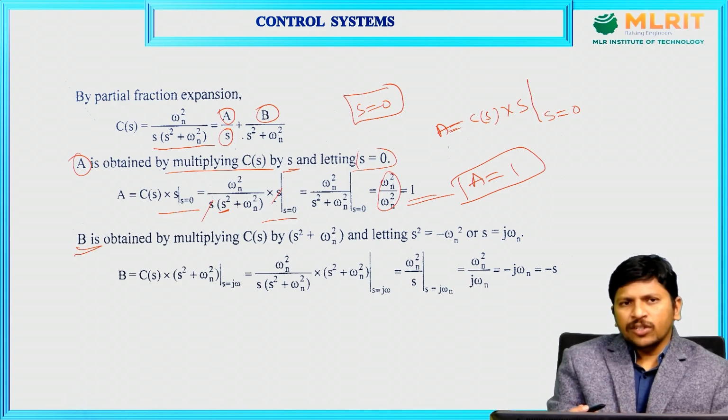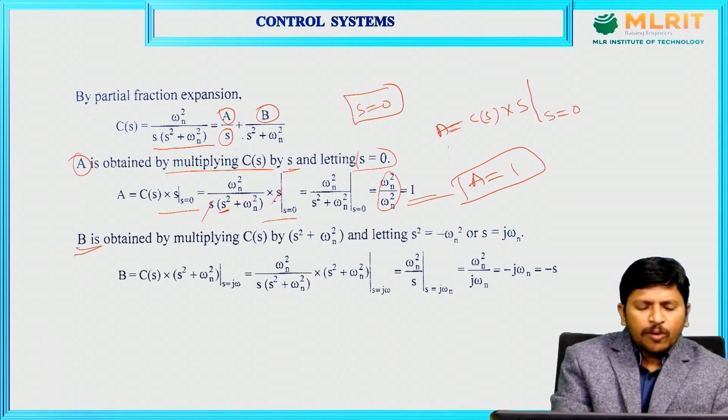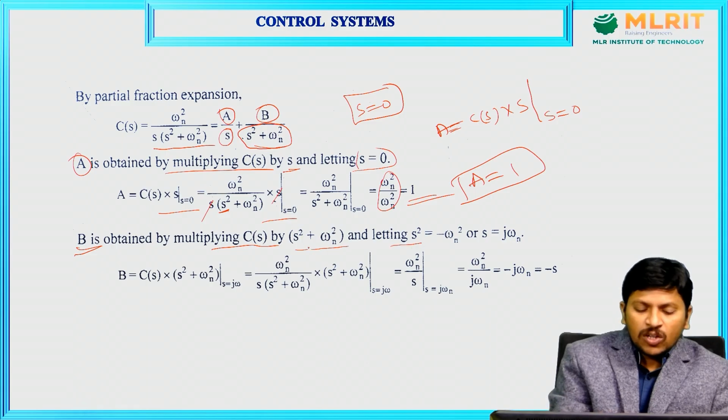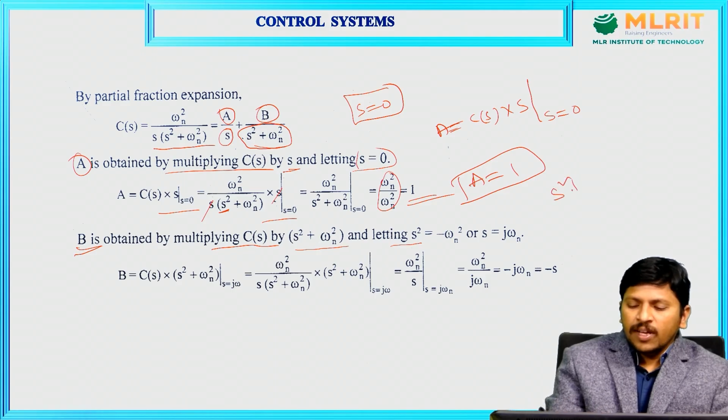The same procedure applies for the calculation of B value. B is obtained by multiplying C of S by the denominator of B, which is S square plus omega n square. Here S square plus omega n square equals to 0.